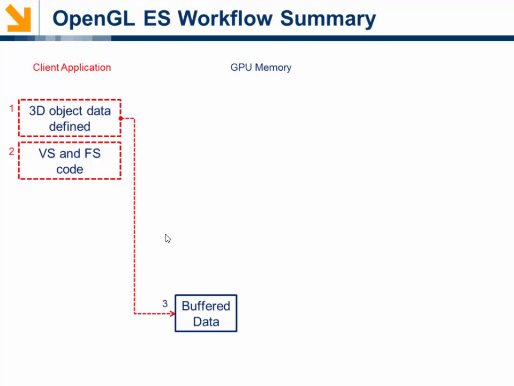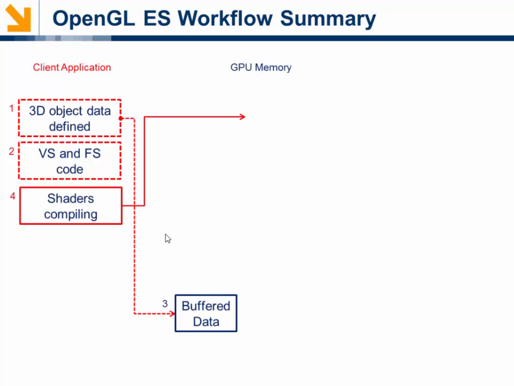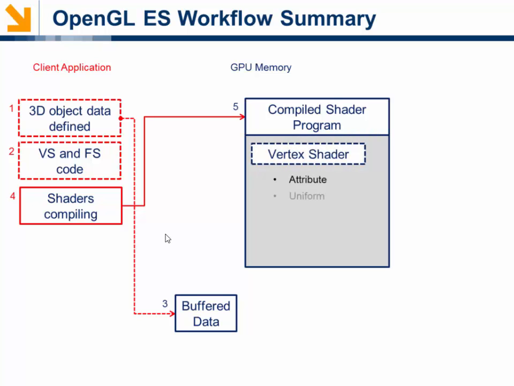The first thing that we do is to put all the data about the object inside a buffer in the GPU memory. We put all the data that we need to visualize there, the data about the geometry. Then we compile the shader, obtaining on the GPU memory a compiled shader program. The compiled shader program is made by a vertex shader part, a fragment shader part, and there are attributes, uniforms and also textures waiting to receive data.